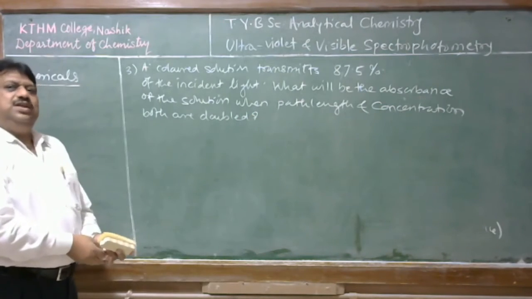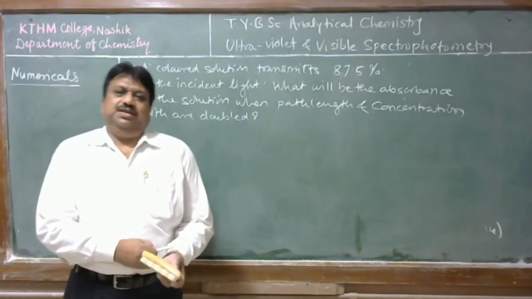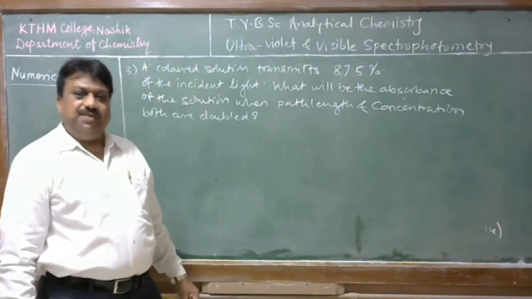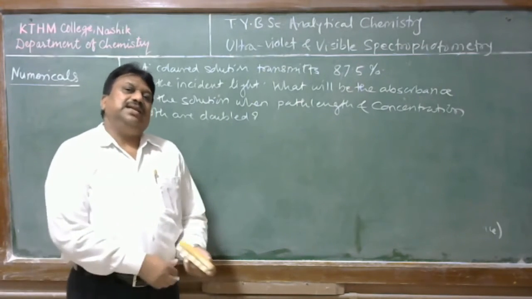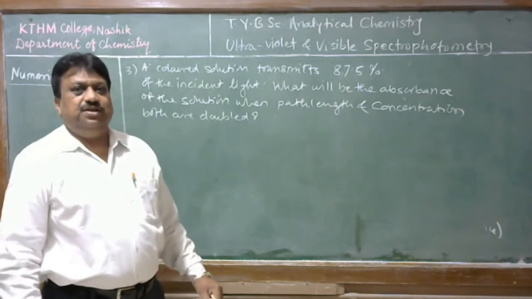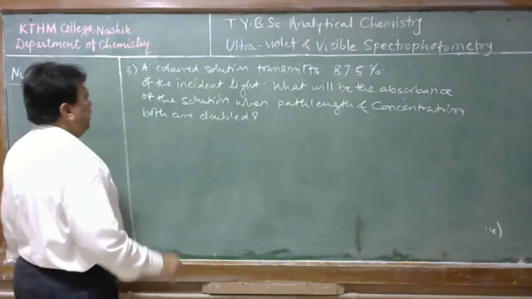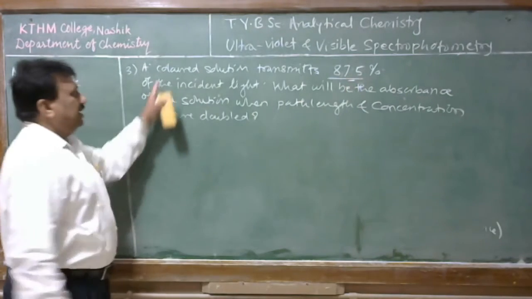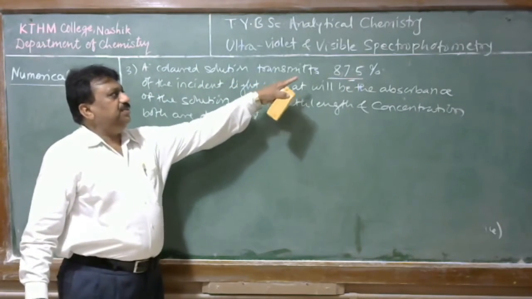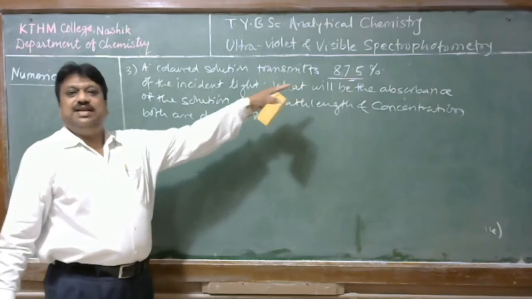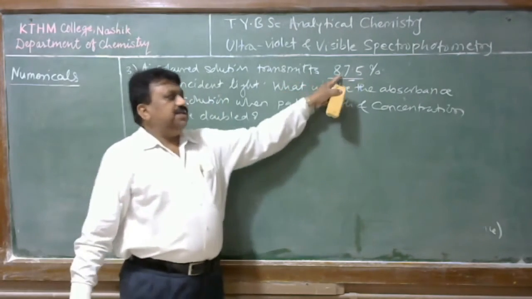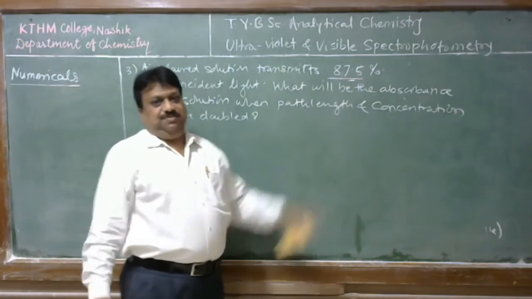In this case, only the transmittance of the solution is given, and we have to find the absorbance when path length and concentration of the solution are doubled. Here the colored solution transmits 87.5% of incident light. Therefore, out of 100, 87.5% is transmitted.